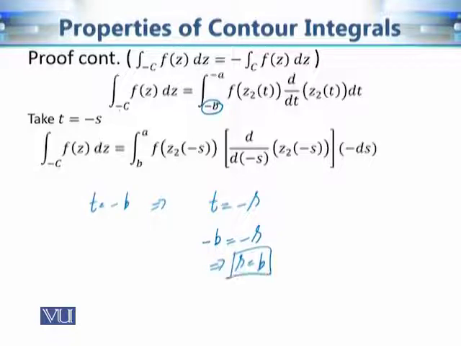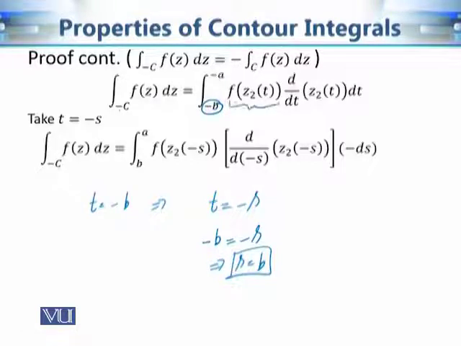So the limit in this new parameter s is b, and similarly when t is equal to minus a, it becomes a. So the limits are translated as b to a.